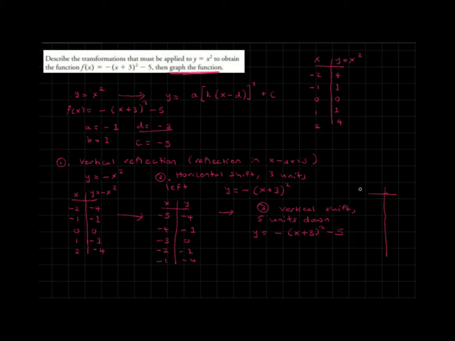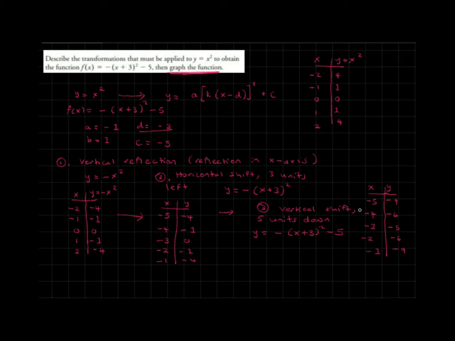because we have a vertical shift, you can copy down your x values. It should basically be the same x values as the previous transformation, so -2, -1. For y values, I'm going to subtract 5 from each of these y values. So -4 minus 5 is -9, -1 minus 5 is -6, 0 minus 5 is -5, -1 minus 5 is -6, and -4 minus 5 is -9.